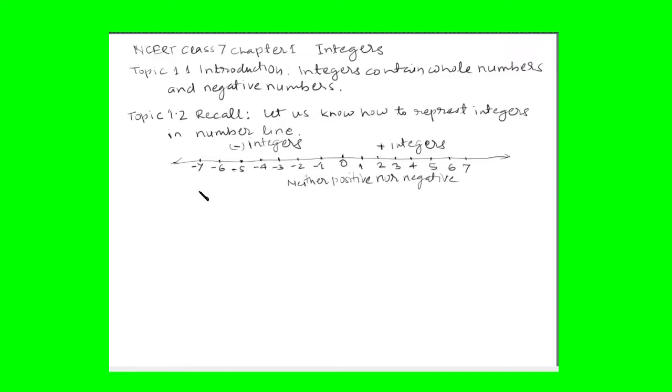Now we go to certain rules about integers. Those rules are: when we add a positive integer, we go to the right on the number line.